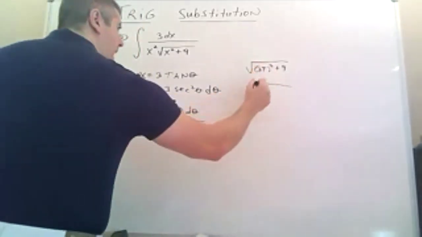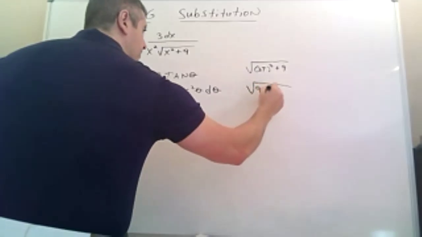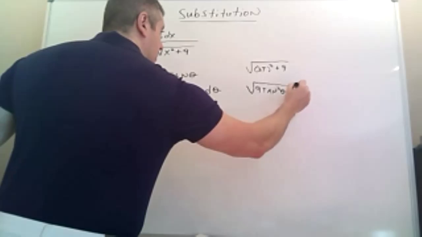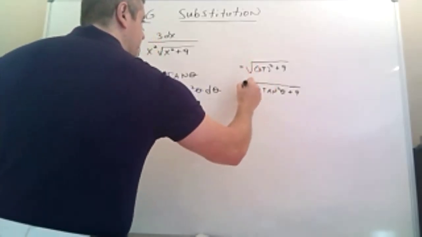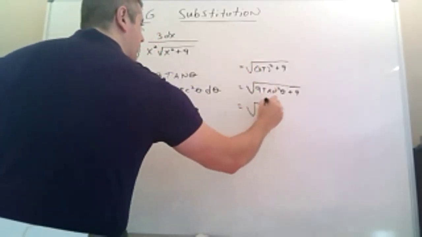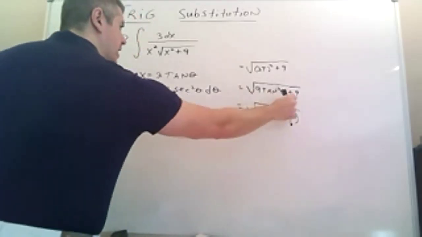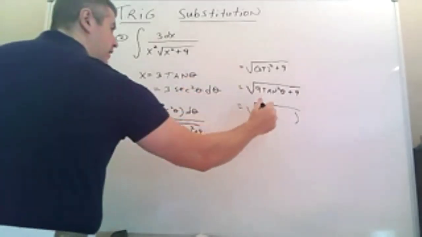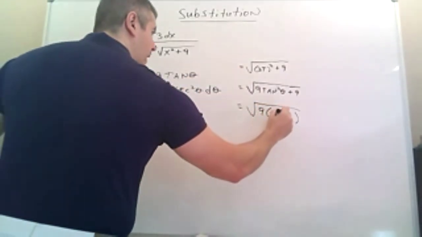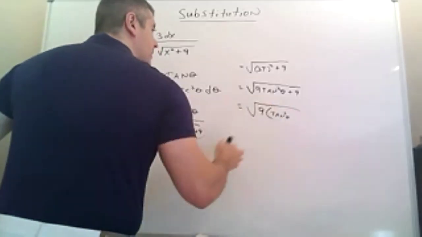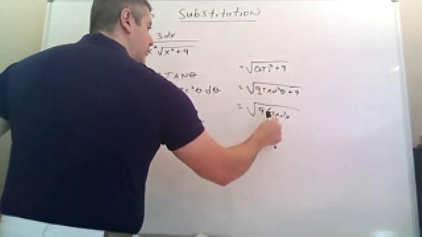So when I square that, I get 9 tan squared theta plus 9. I'm going to factor out the 9. You have a 9 here and a 9 here. GCF, you factor it out. So you're left with tan squared. That 9 goes away, you get tan squared.